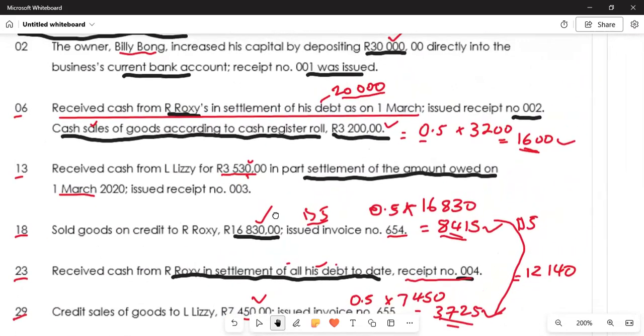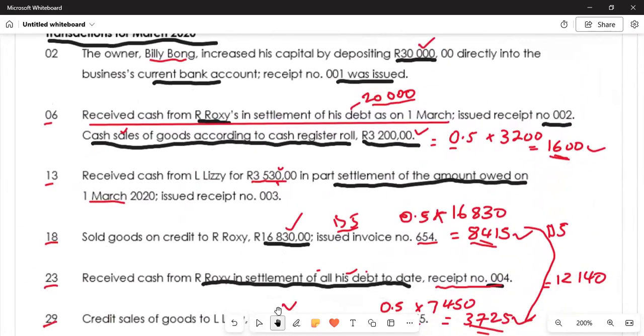So if we can come back to the transactions again, we know very well that there are goods that we sold on credit to our debtors. So that amount for debtors should go on the debit side of what? Of our debtors control, because debtors still owe the business.